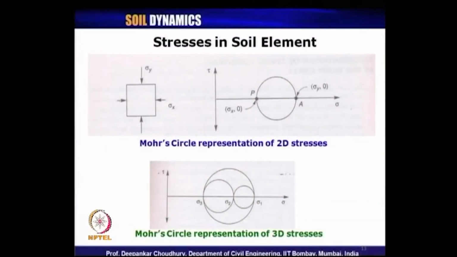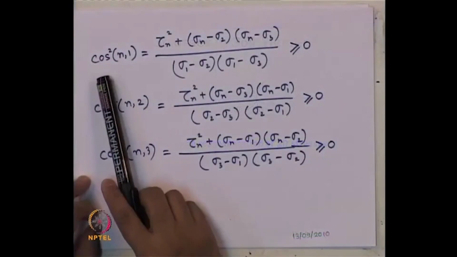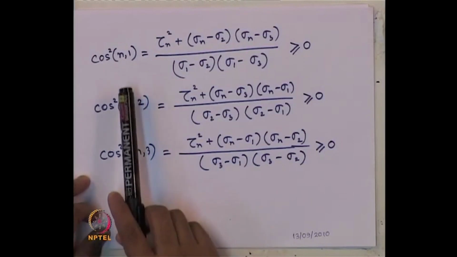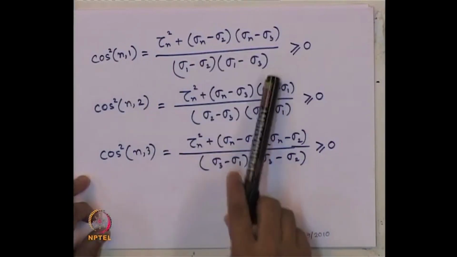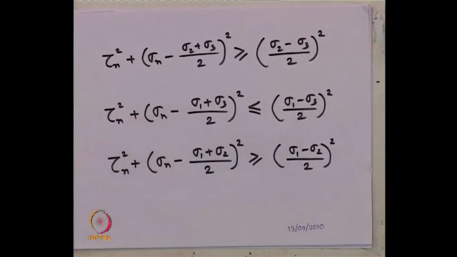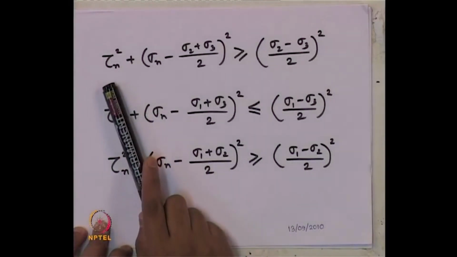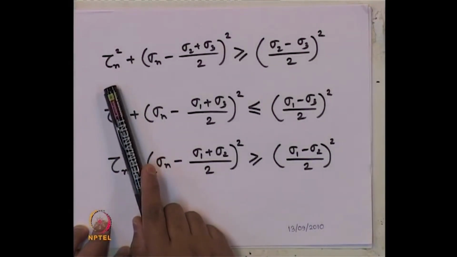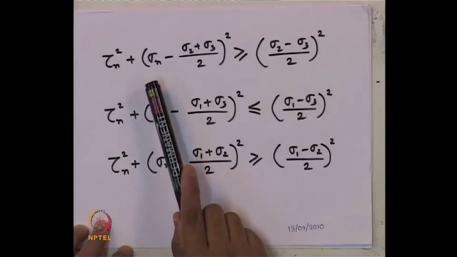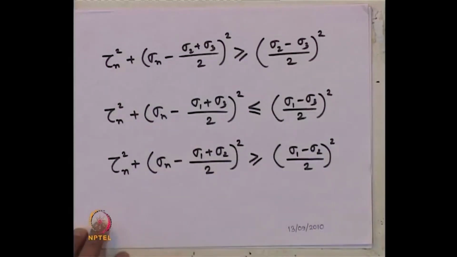From these we had derived the expressions for the cosine square of that nth plane with respect to principal stress directions 1, 2 and 3, to satisfy these conditions, from which finally we got expressions like this, where tau n is nothing but the shear stress on that nth plane on which we want to find out the normal and shear stress. Sigma n is the normal stress on the nth plane, and other things we have already defined.